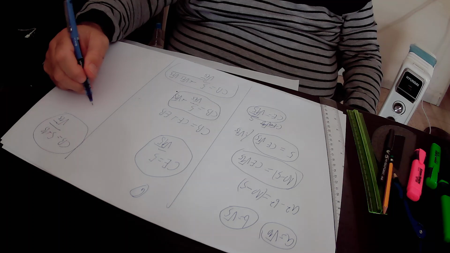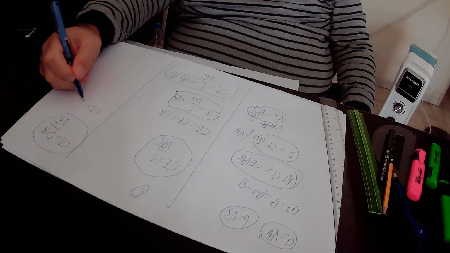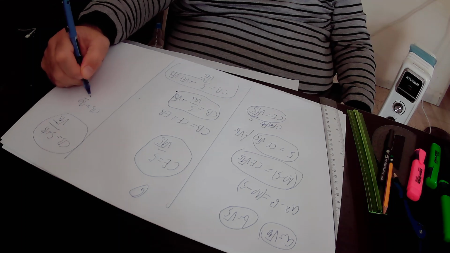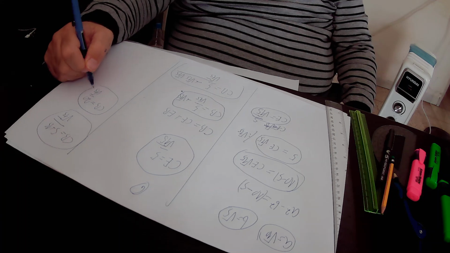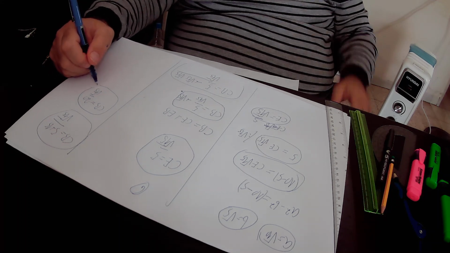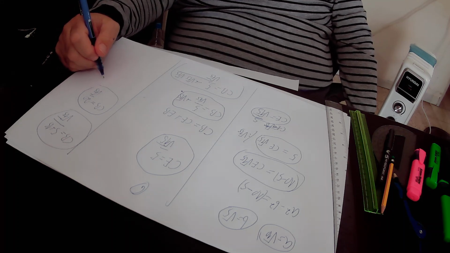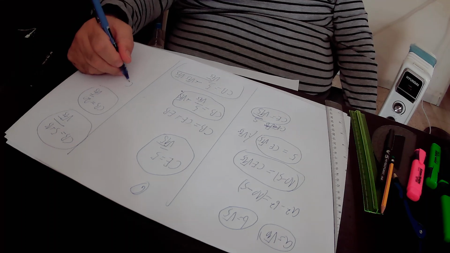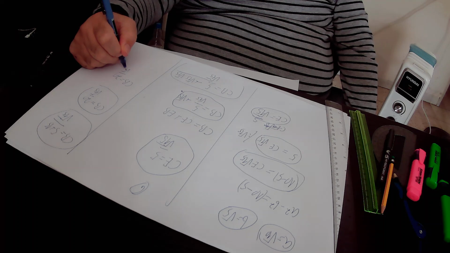So CB equals 5 plus 15, which is 20, over square root of 15. We want to eliminate the square root in the denominator, therefore we will multiply this expression by square root of 15 and then divide it by square root of 15. So we know that CB equals 20 over square root of 15.